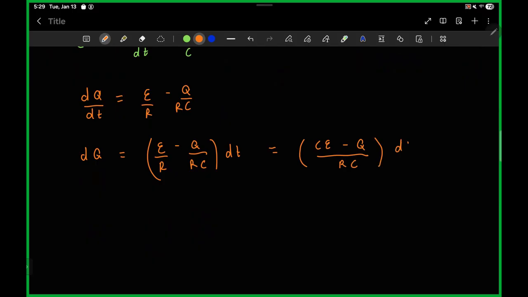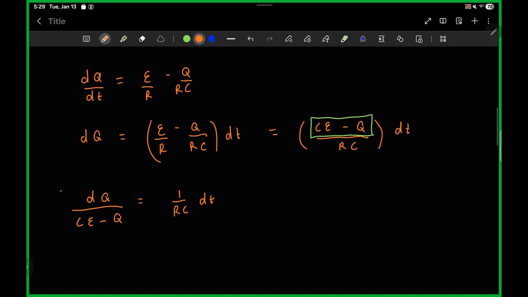And to complete our separation of variables, we note that this is our term which is dependent on Q, so it better come over to the dQ side. So we'll get dQ over C epsilon minus Q is equal to 1 over RC dt. And so at this point, our variables are separated and we can go ahead and integrate.